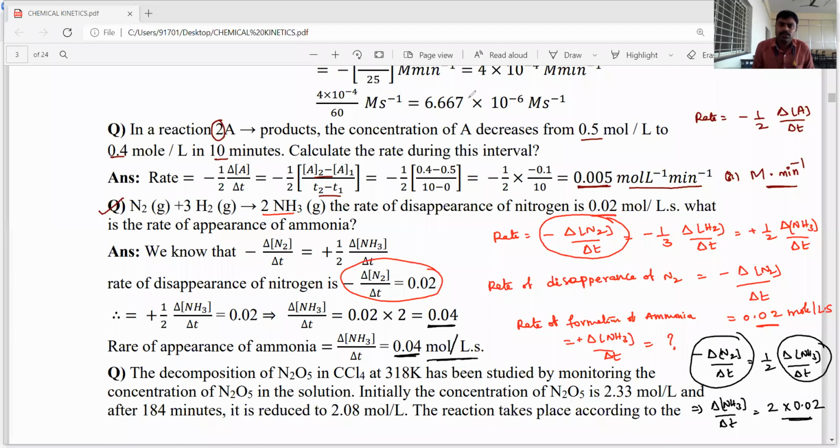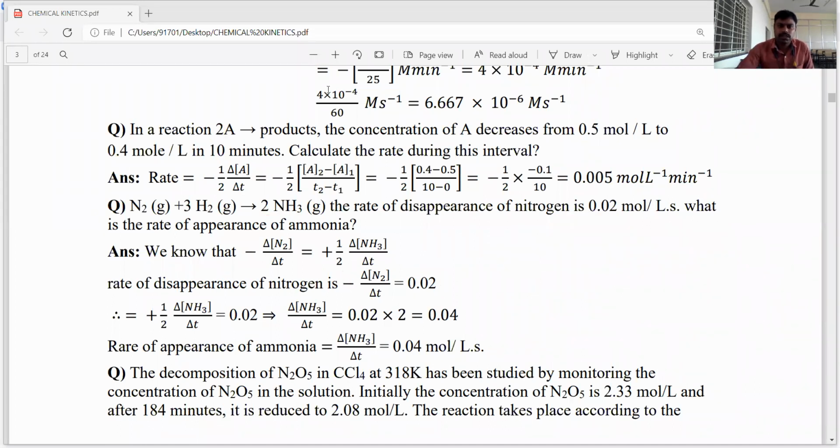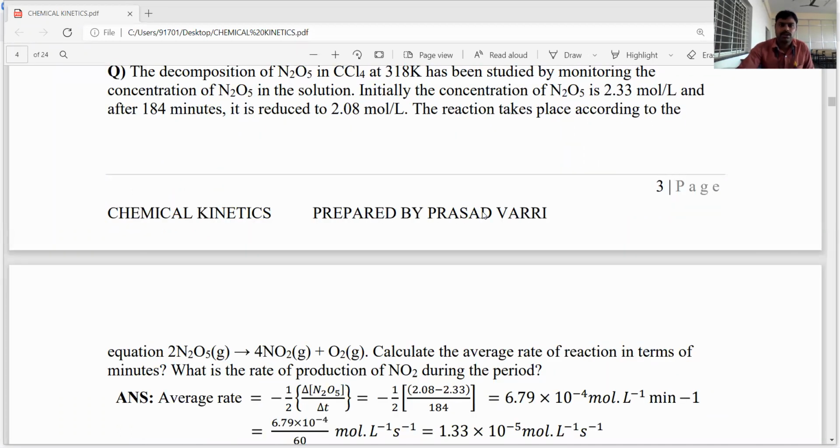Okay, let's see one more question, dear students. The decomposition of N2O5 in carbon tetrachloride at 318 kelvin has been studied by monitoring the concentration of N2O5 in the solution.